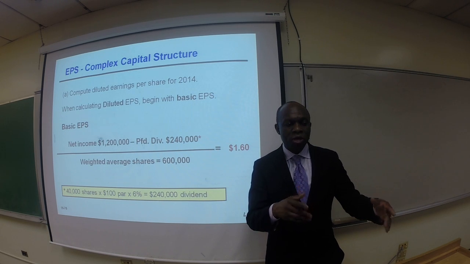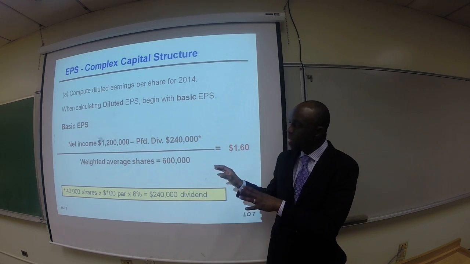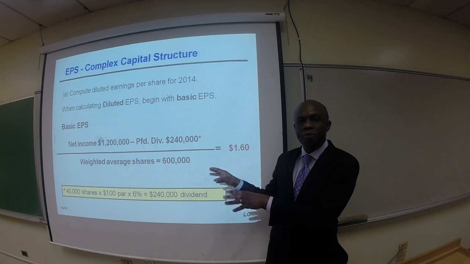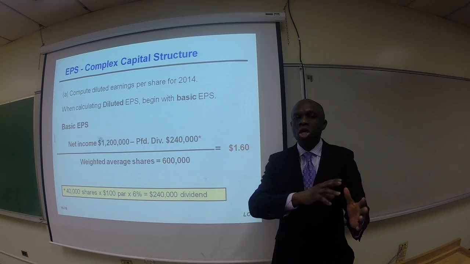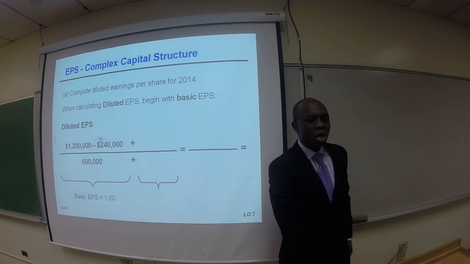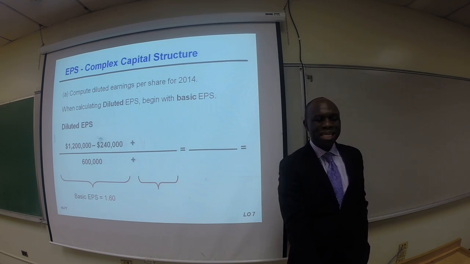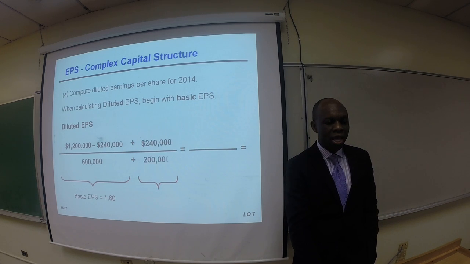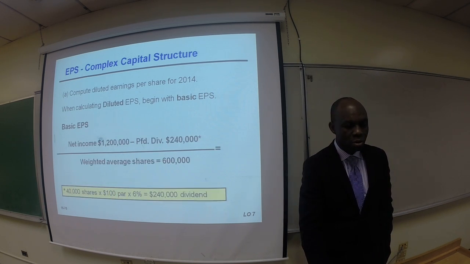Let me quickly back off here. I want you to know that in this illustration, we are zeroing in on preferred dividend now versus bond in the previous example. Moving along, we have already calculated the basic EPS, so let's deal with the diluted EPS.